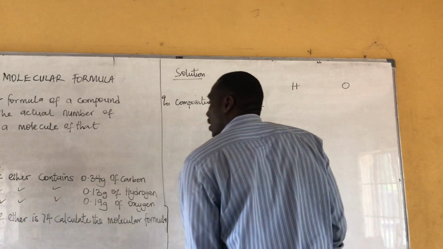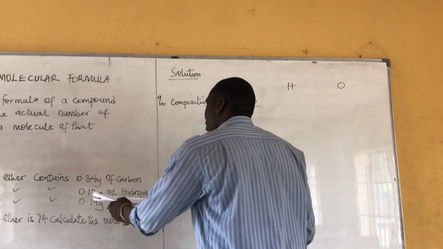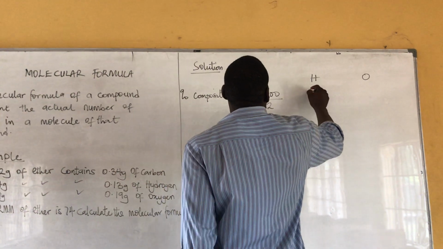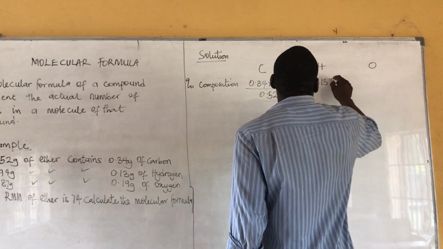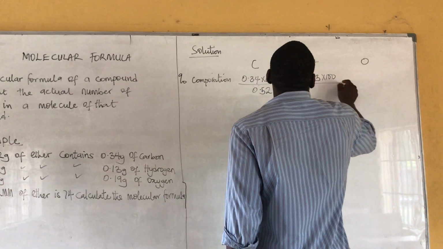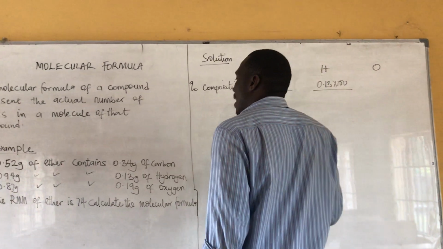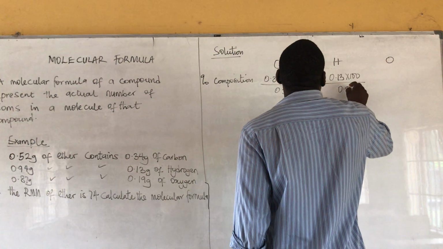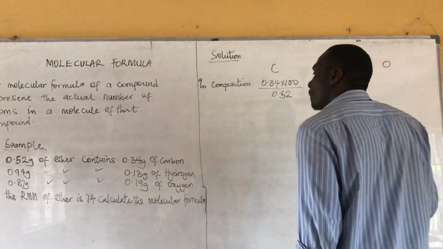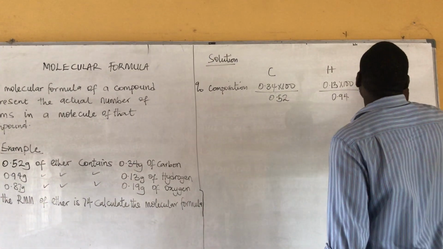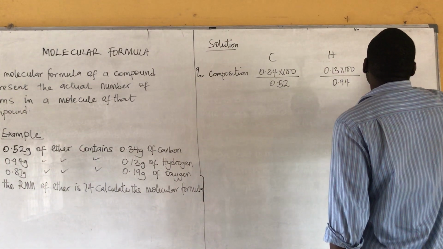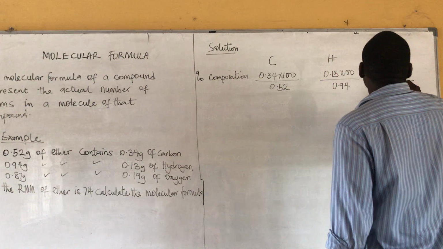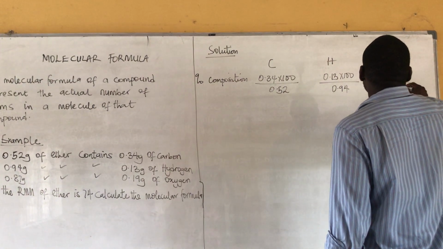Then hydrogen is 0.13 gram multiplied by 100 divided by the mass of ether, 0.94. And the last, oxygen, is 0.19 multiplied by 100 divided by 0.87.